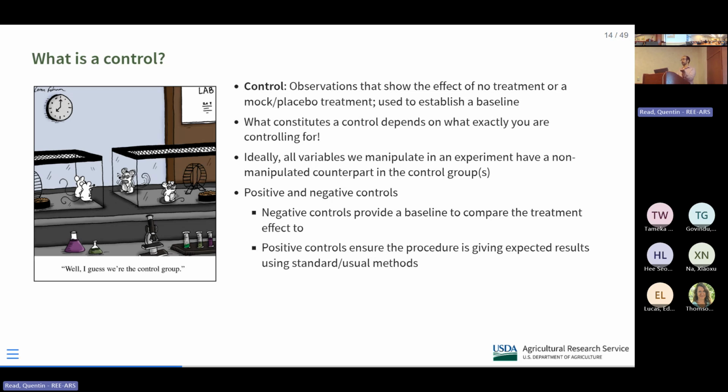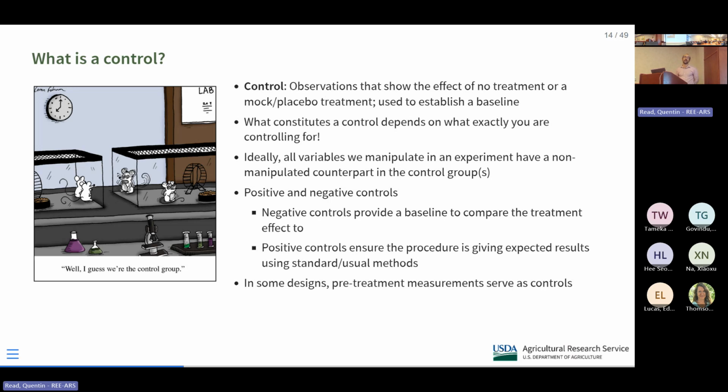For example, if you're trying to test a novel experimental drug, you might have an unmanipulated control group, a group that gets the new drug, and a group that gets the standard drug that we know is effective. So you can compare and see if that one's working, and compare the results to the experimental new drug, for example. That would be a positive control.